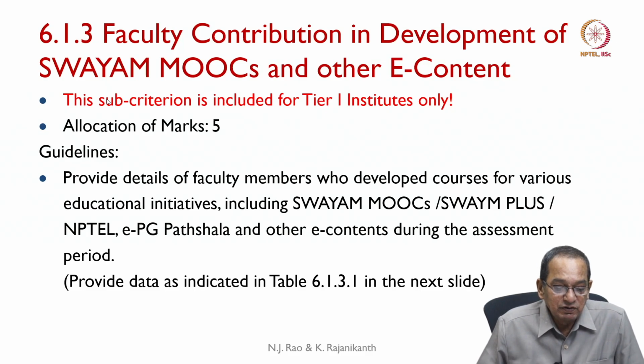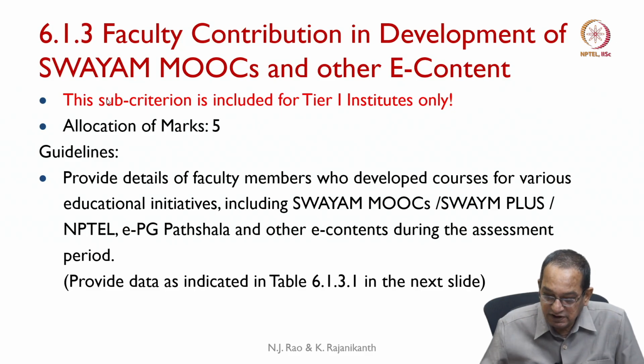Marks allocated 5. We simply provide the details of the faculty members who developed courses for various educational initiatives, including SWAYAM, MOOCs, SWAYAM Plus, NPTEL, EPG Pathshala or any other e-content; all of that is counted.